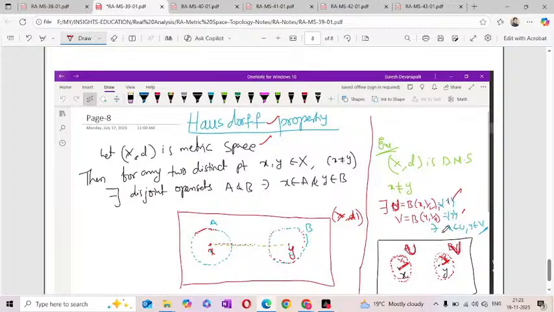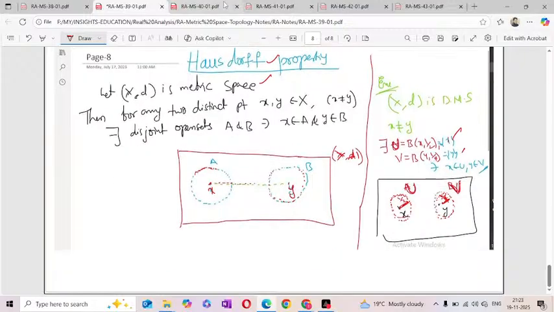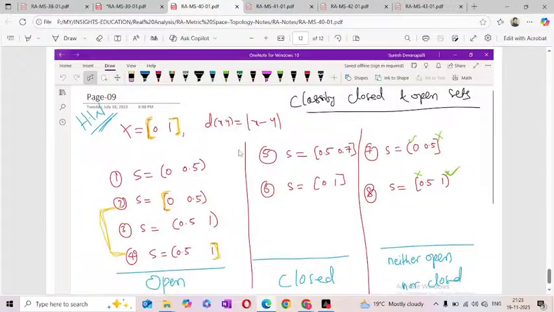These two are disjoint sets because x is not equal to y, so it satisfies. That means the discrete metric satisfies the Hausdorff property. So the discrete metric always satisfies the Hausdorff property. Okay, that is the Hausdorff property.